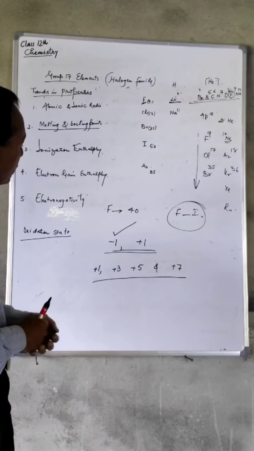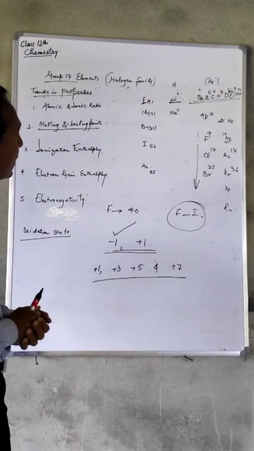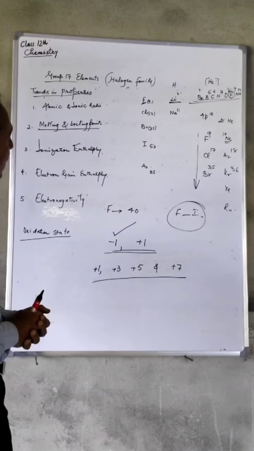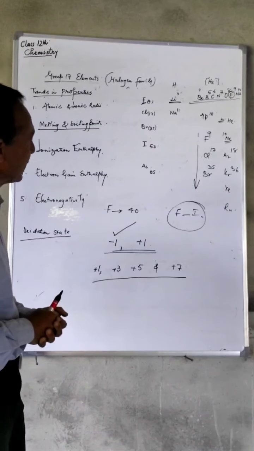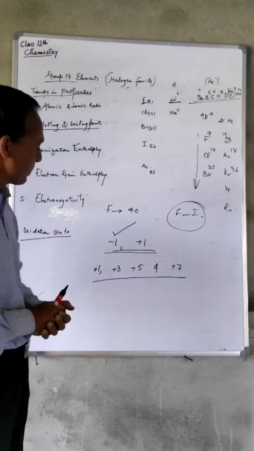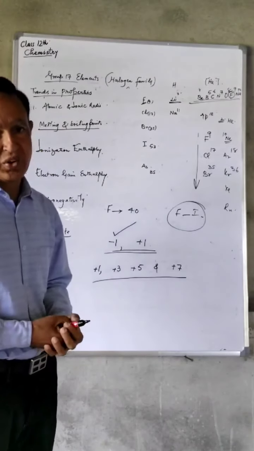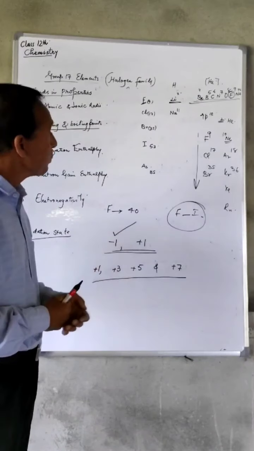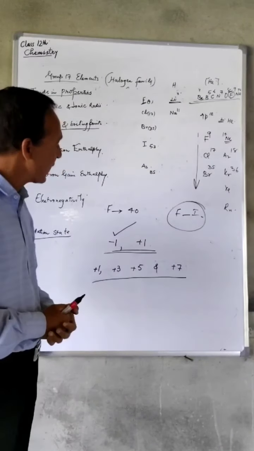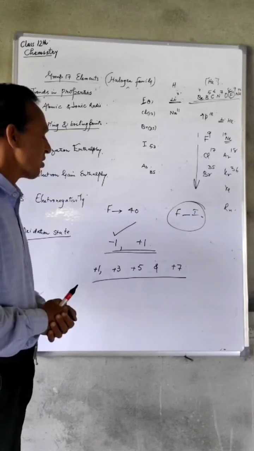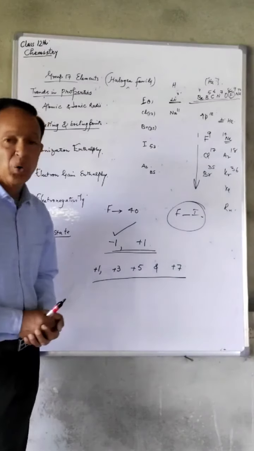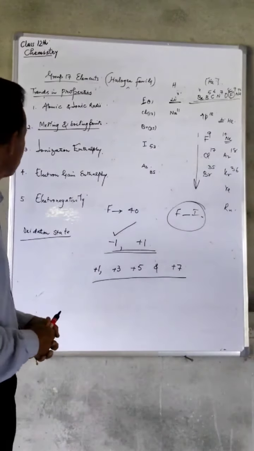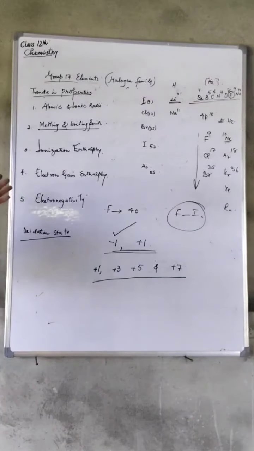So, in addition to the -1 oxidation state, the other halogen elements like chlorine, bromine and iodine do exhibit +3, +5 and +7 oxidation states as well. Fluorine, being the most electronegative element, exhibits only the -1 oxidation state. So this is about the trends in their properties and the oxidation state.